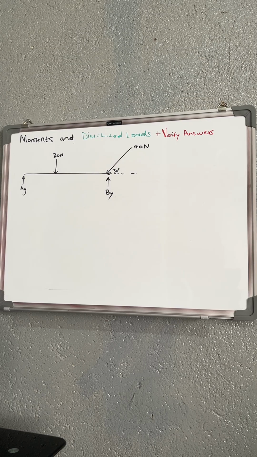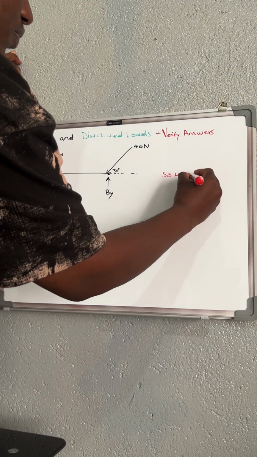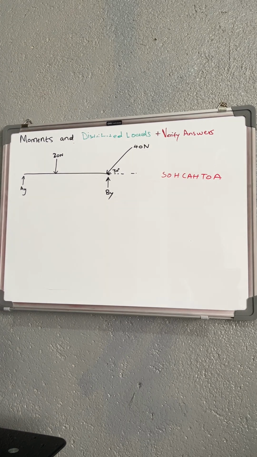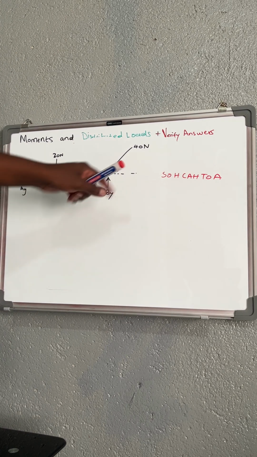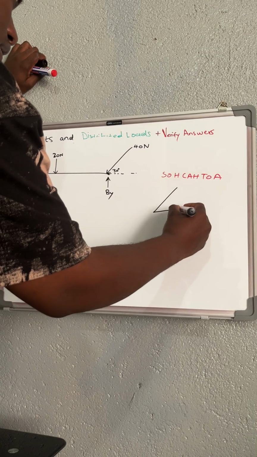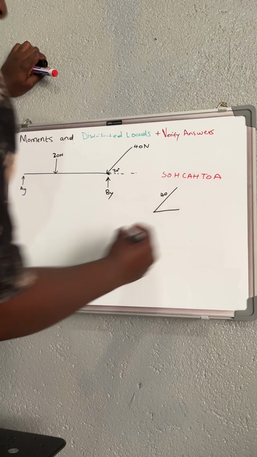So normally with these ones, you are going to use your what? Your SOHCAHTOA, because you're going to be analyzing this triangle that you have. This side, you will say you have your 40.